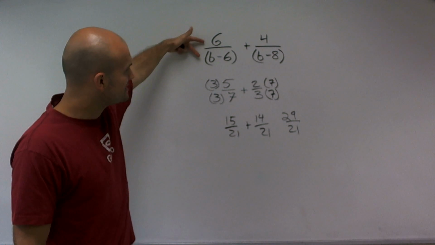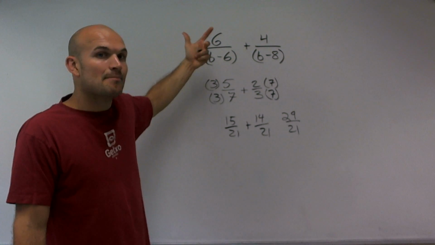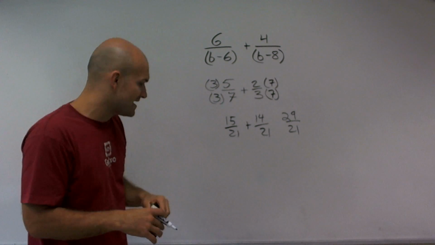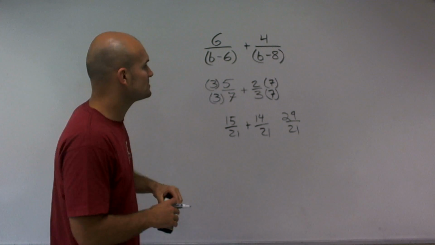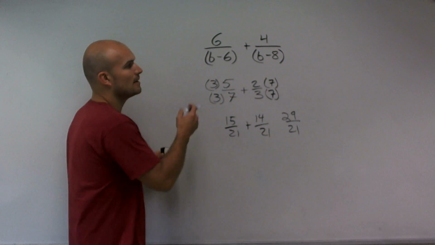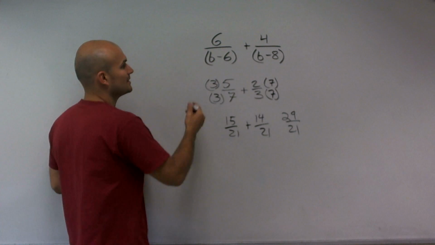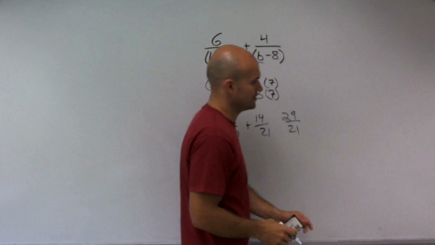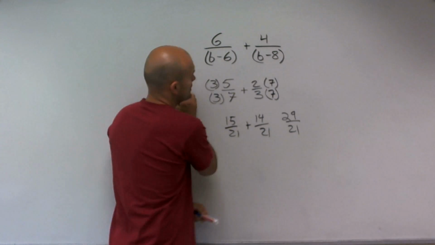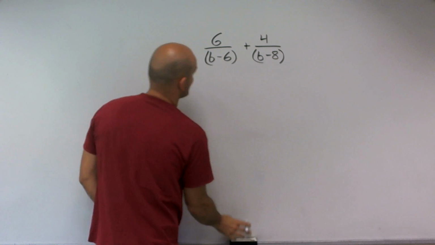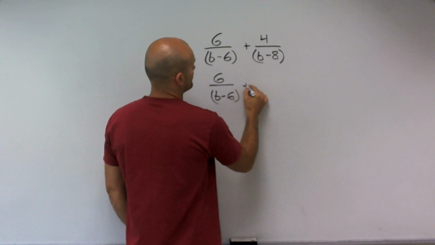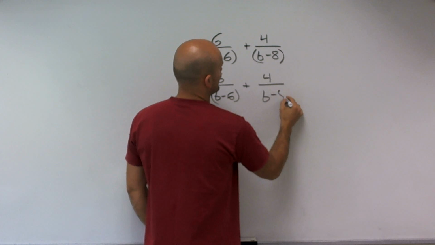So when I'm looking at this problem, if I don't know what the least common multiple is, I can at least find a common multiple by multiplying the numerator and the denominator by the opposite denominator. So let's rewrite this as 6 divided by b minus 6 plus 4 over b minus 8.